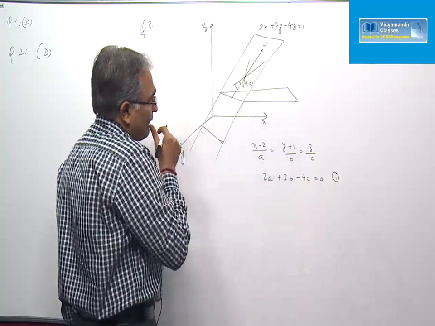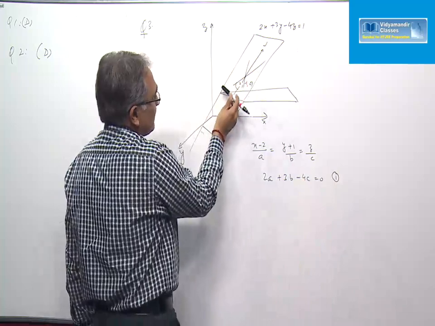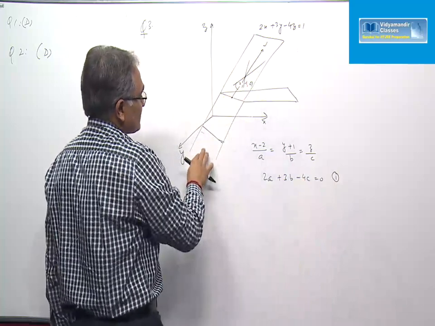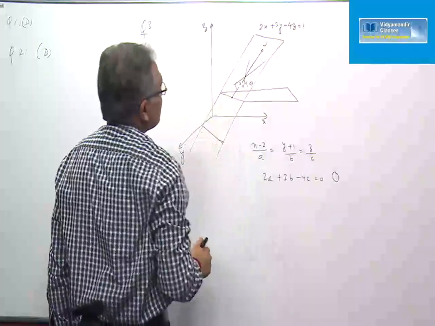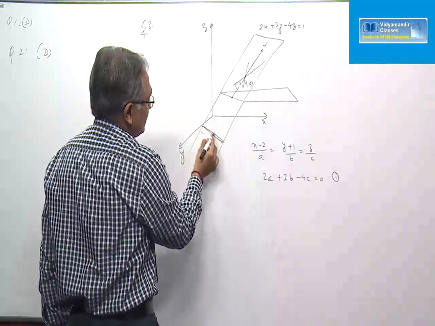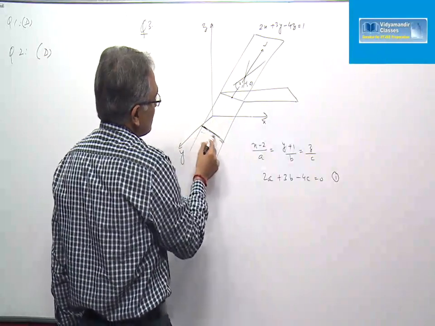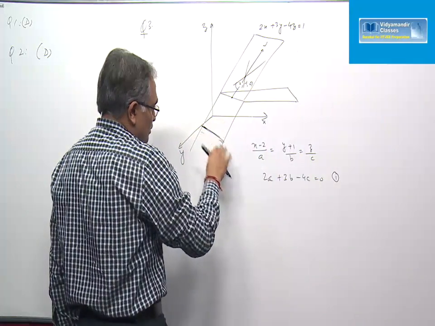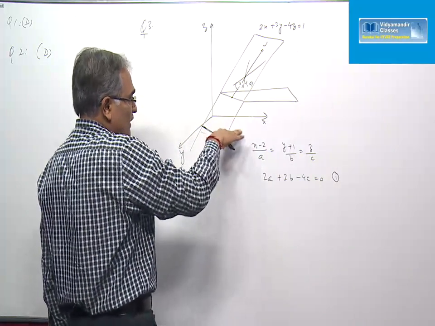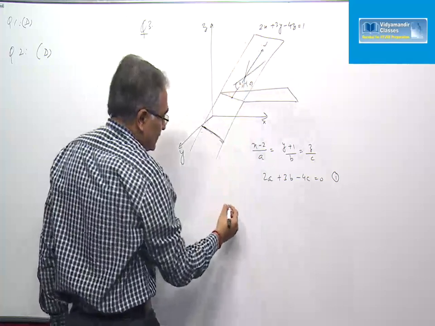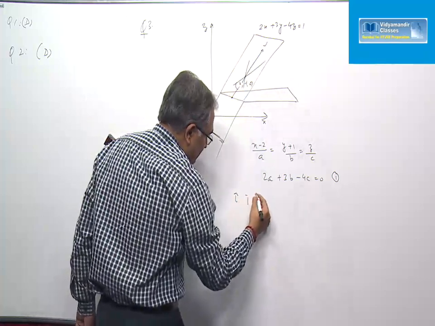Further, we need this line to be perpendicular to the line of intersection with the xy plane. Now the line of intersection with the xy plane has direction ratios proportional to the cross product of the normal to the xy plane and this plane, that is i cap, j cap, k cap.